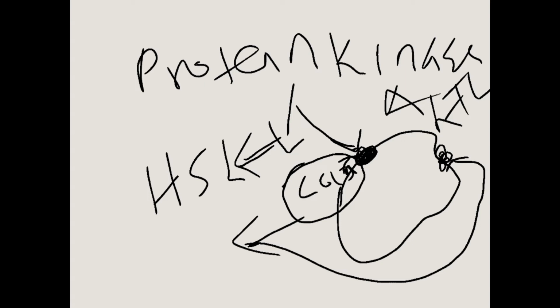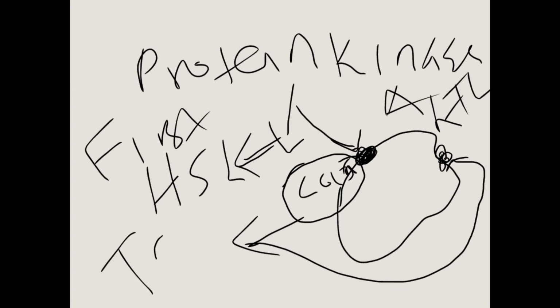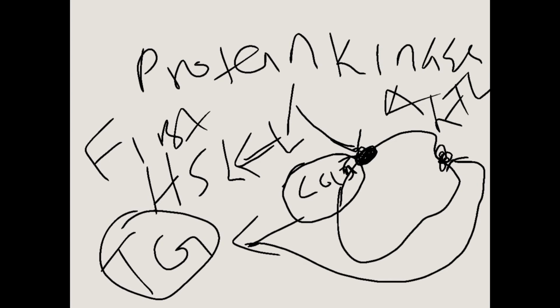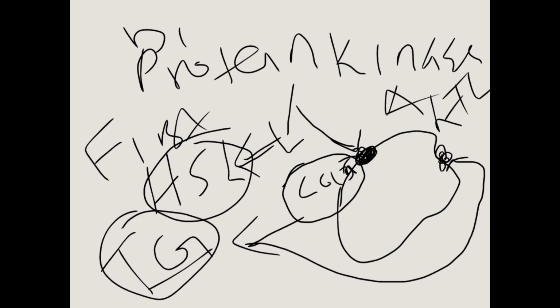So this adipose triglyceride lipase is the first enzyme to act on triglycerides. It has high affinity for triglycerides, while this hormone sensitive lipase has high affinity for diglycerides. You can also call it diacylglycerol, and you can also call this TG as triacylglycerol.